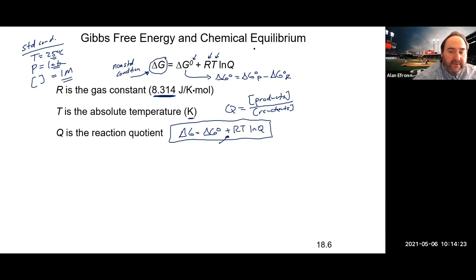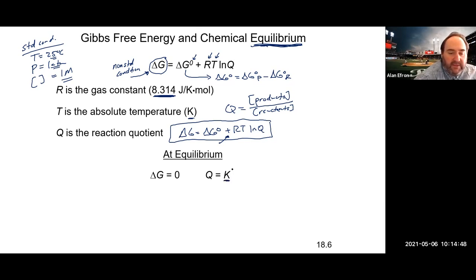Now, if we actually get to equilibrium conditions, a couple of things occur to this equation. At equilibrium, the delta G will equal 0. And at that point, we would no longer be talking about Q, the reaction quotient, like are we at equilibrium or not at equilibrium? Obviously, if we are at equilibrium, then that becomes our equilibrium constant.